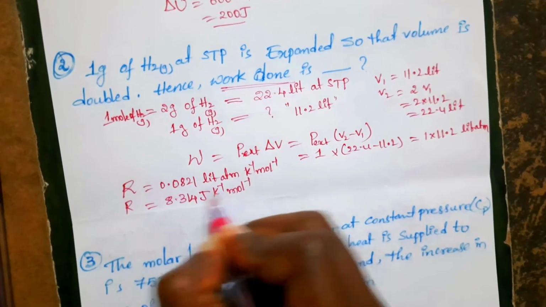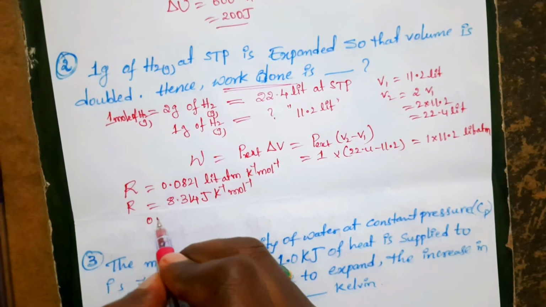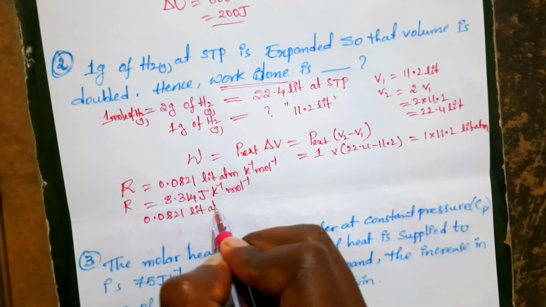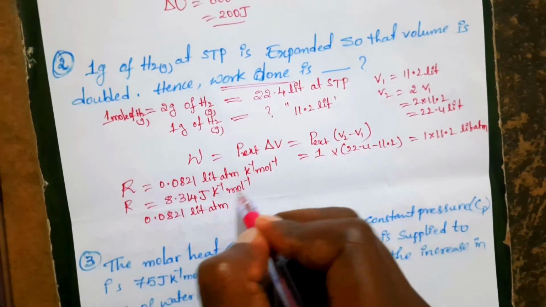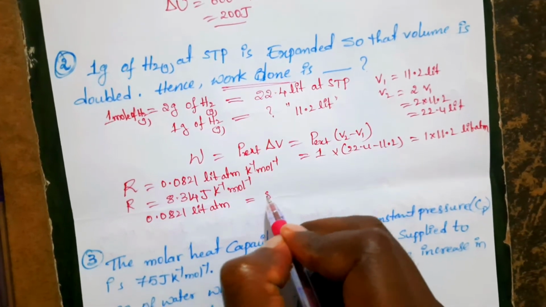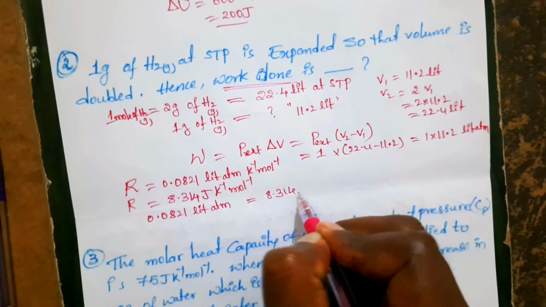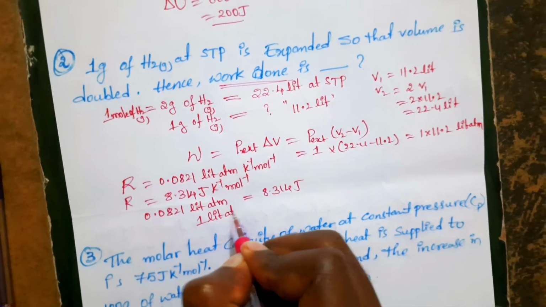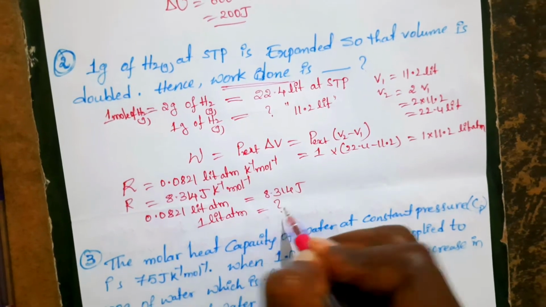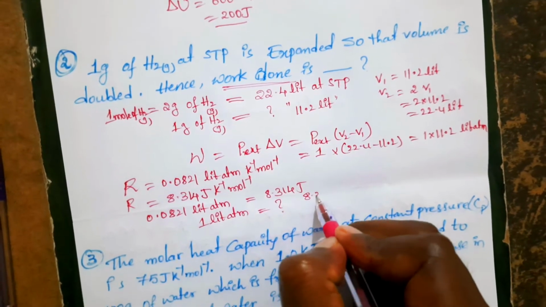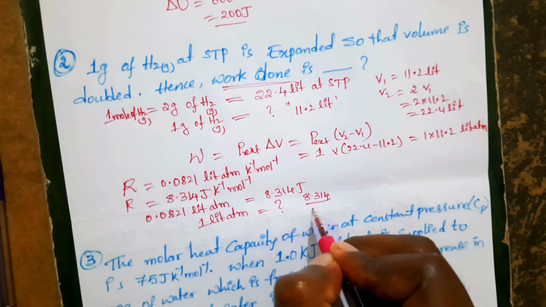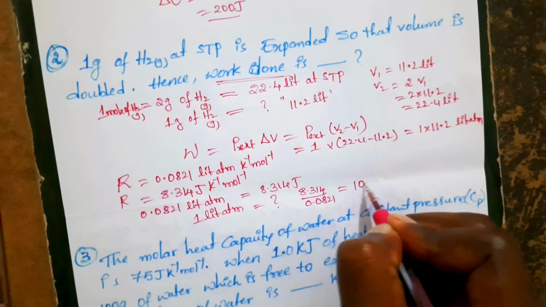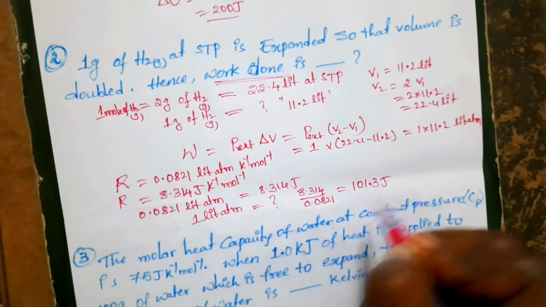Both are R values, just you equalize. 0.0821 liter atmosphere, here per Kelvin per mole will get cancelled, so 8.314 joules it will be. Now 1 liter atmosphere is equal to how many joules? That is 8.314 by 0.0821. If you do this, you will get 101.3 joules.